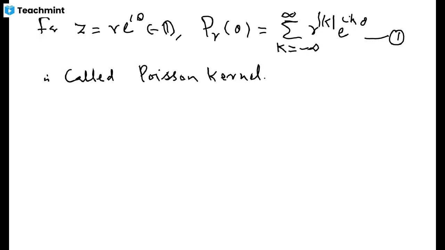So let us see whether this is a well-defined thing or not. Let us fix some number rho less than 1.